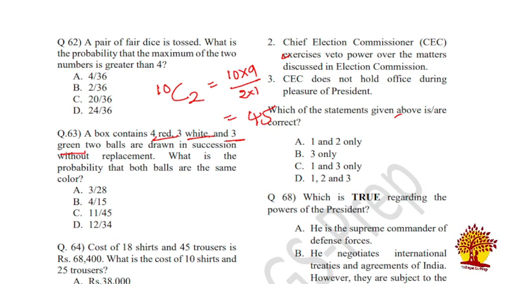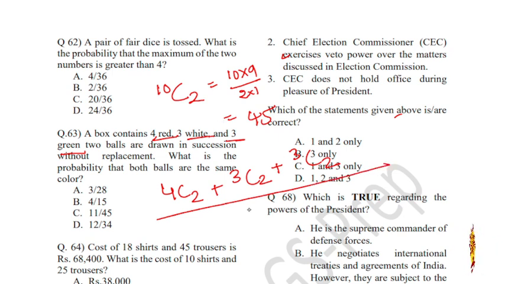You will get 4C2, plus 3 white balls are there, considering both balls as white, 3C2, plus 3 green balls are there. The drawn 2 balls should be of the same color, so for green it is the same, 3C2, divided by the total conditions, 45.